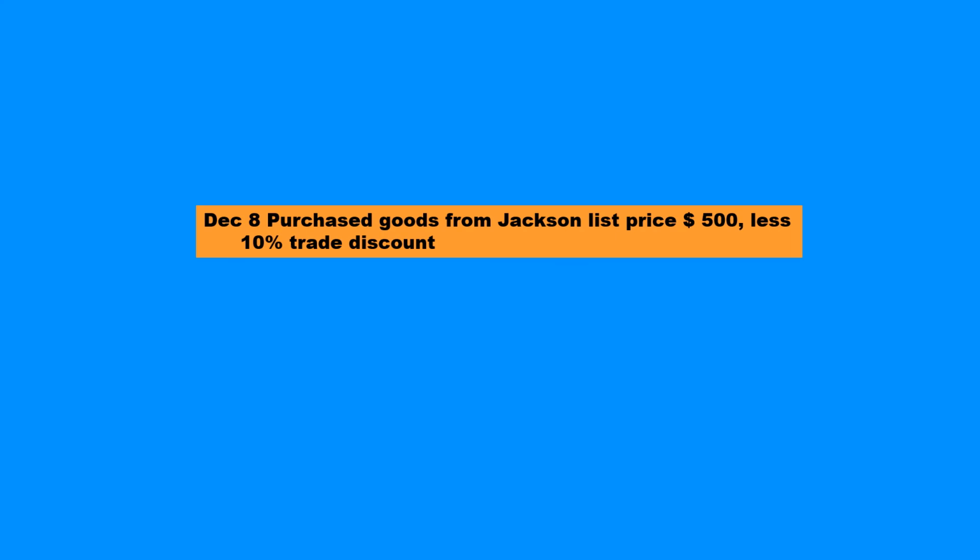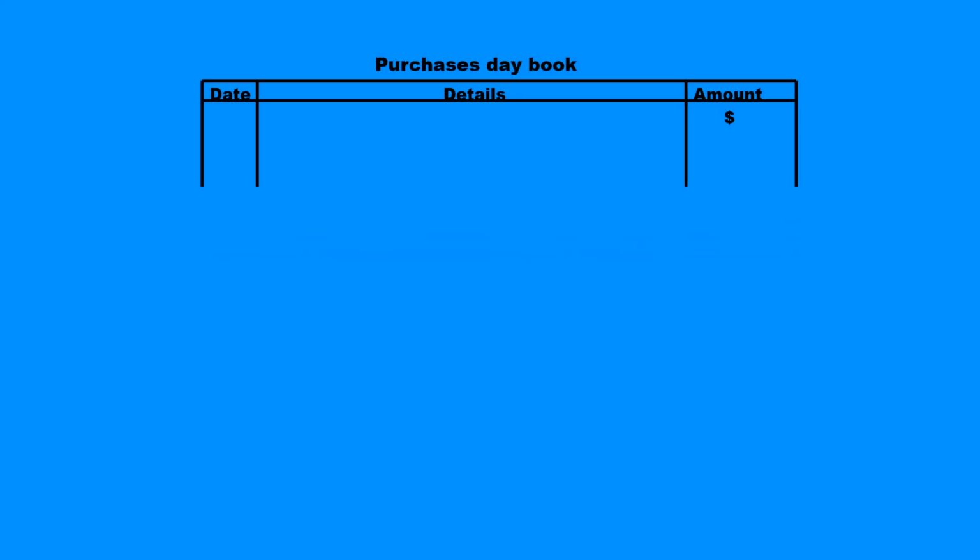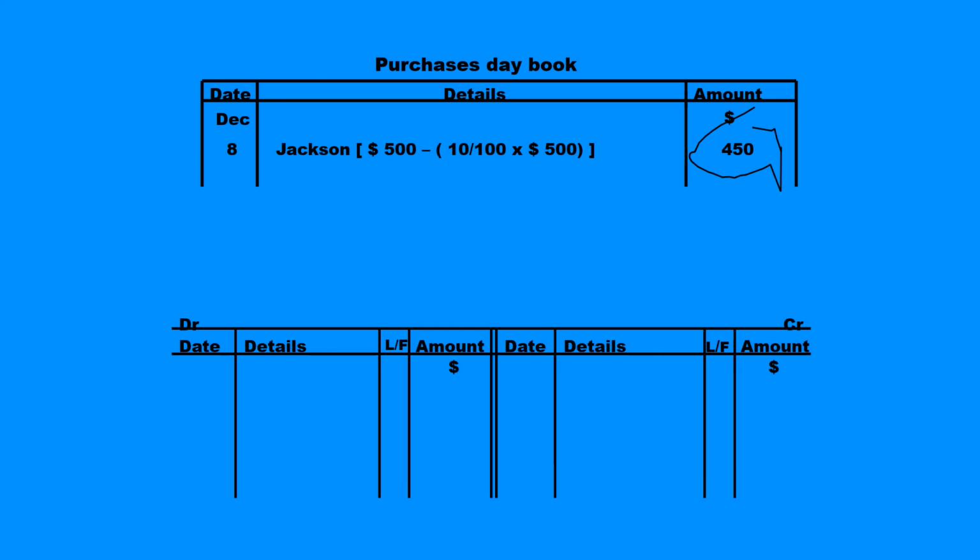Purchased goods from Jackson, list price 500 less 10% trade discount. In the purchases table, we're going to have Jackson 450, the amount after the trade discount, which will be recorded in Jackson's account on the credit side: 450 and not the list price.